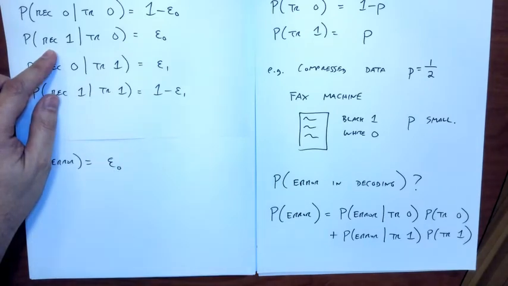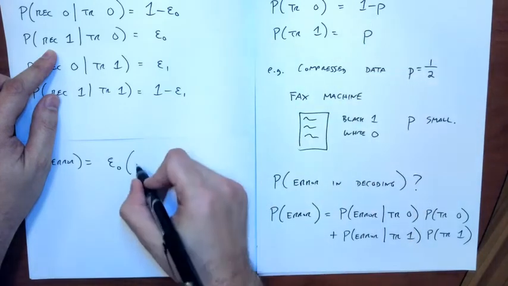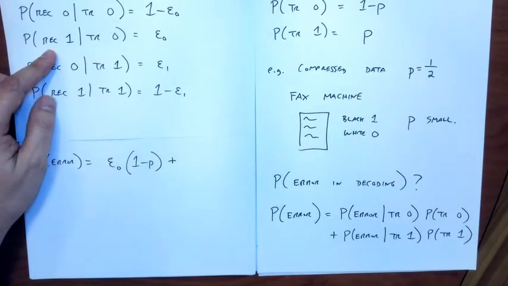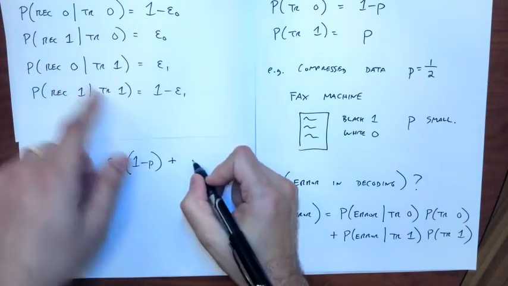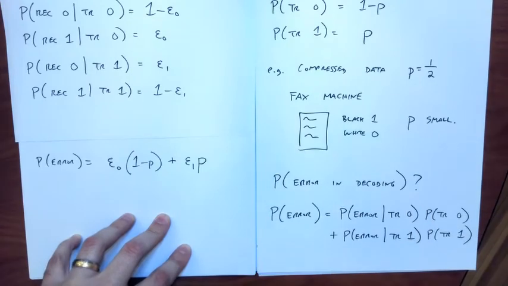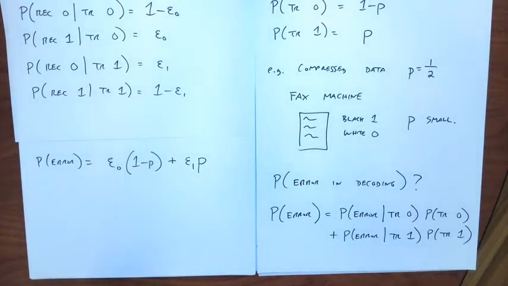So that's this probability, epsilon 0. And the probability that I transmitted a 0 in the first place is this 1 minus p. The probability of error given that I transmitted a 1 is what I called epsilon 1, and the probability that I transmitted a 1 in the first place is p, right? So my overall probability of error is this number, okay?